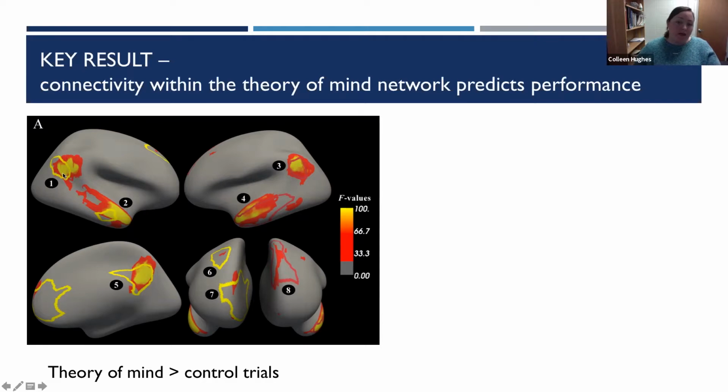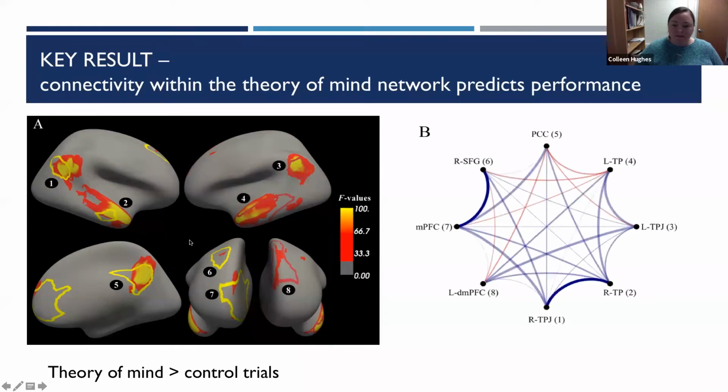Selected where the peaks fell, and then characterized the resting state connectivity between these 8 regions. So it was a way of narrowing in our network to say, is it the property of the network, or is it something about the relations between specific brain regions at rest that may be predicting behavior?